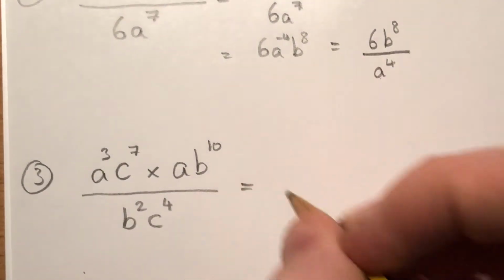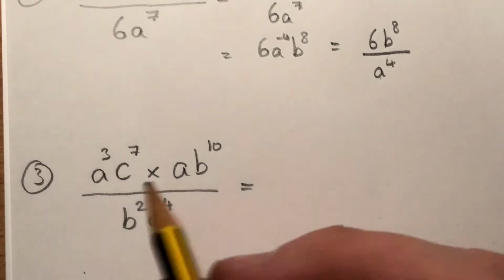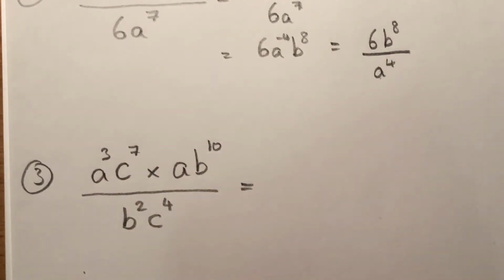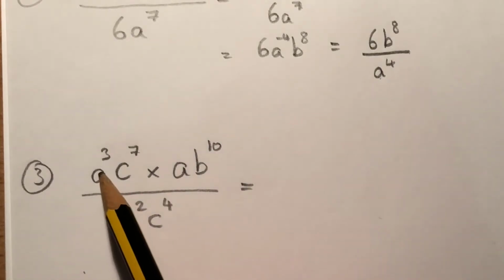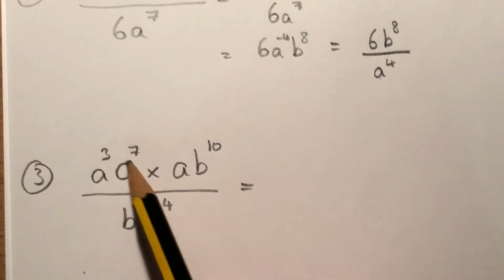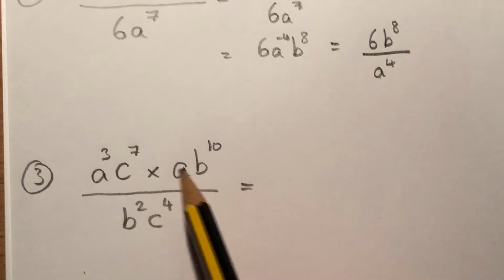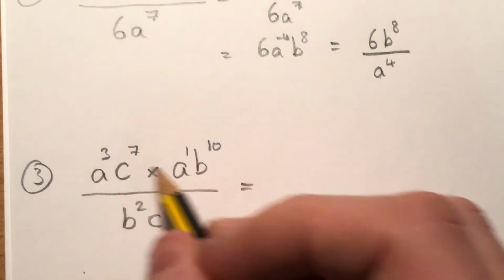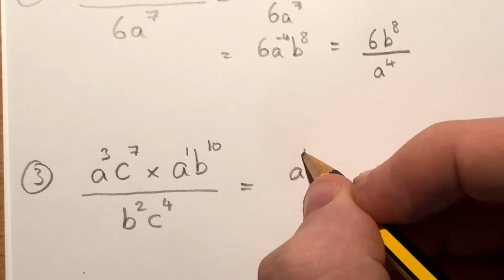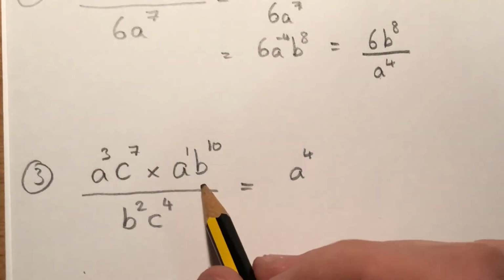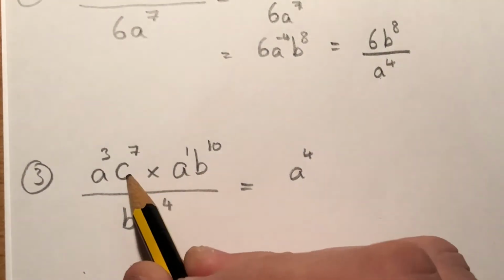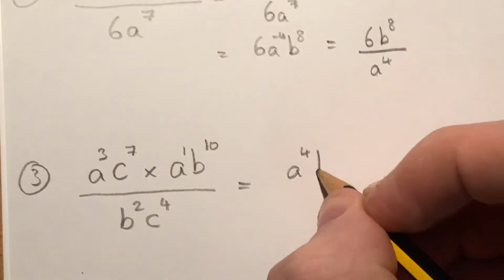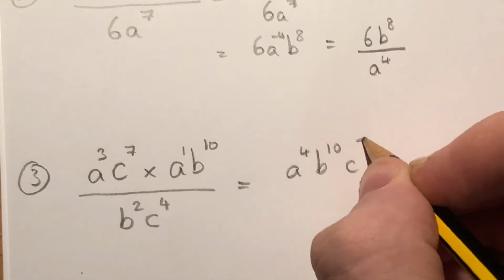And just because I love challenging people, let's do the same thing again. This time we've got multiple bases on top and bottom. So again, a cubed times a, well, it's just a on its own, that means a to the power of 1. So a cubed times a to the 1 is a to the power of 4. The c and the b are two different bases, so we'll put them alphabetically first of all. B comes first, so b to the power of 10, c to the power of 7.